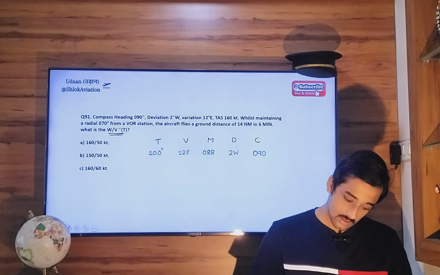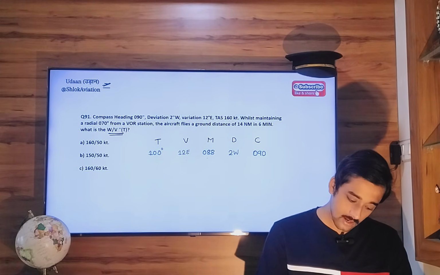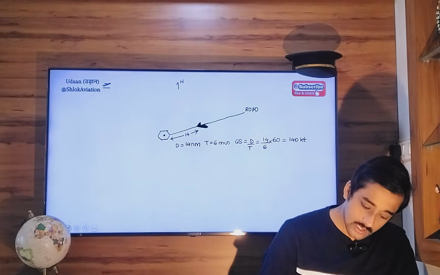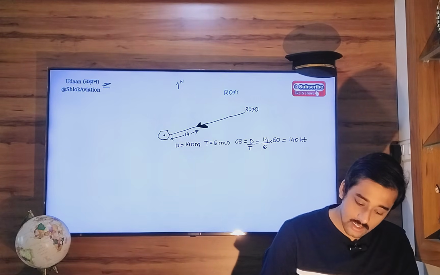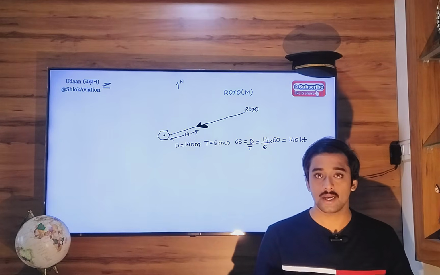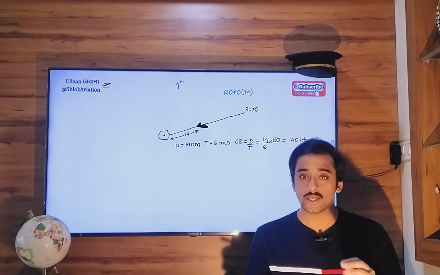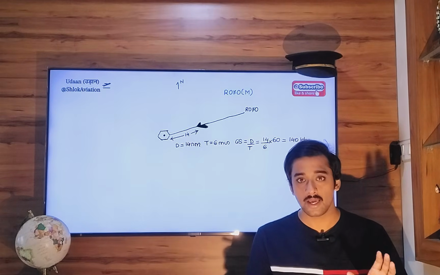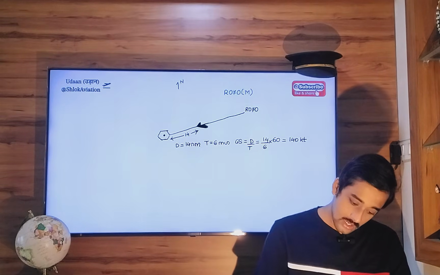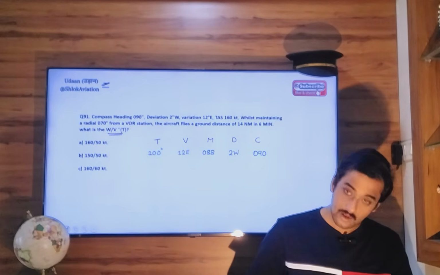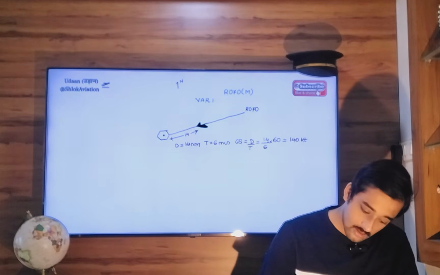Next, we are maintaining a radial of 070 from a VOR station. Now this radial 070 is in terms of magnetic. All VOR radials are magnetic in direction. So let's convert this radial 070 into true direction. So again, what is variation? Variation is 12 degree east. Right?